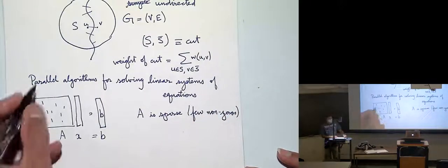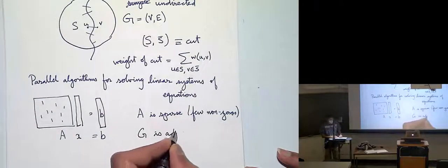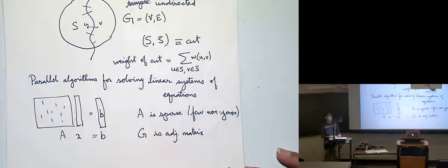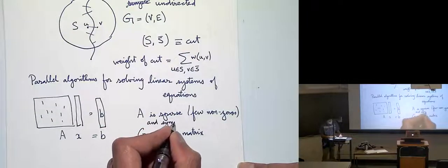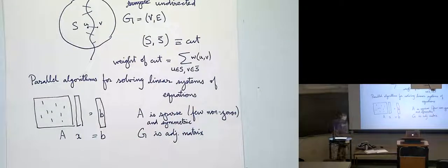So the idea is that G could be the adjacency matrix. Let's say A is sparse and symmetric. In general, A might not even be square. But in many situations, you actually come up with an A that is symmetric and sparse.